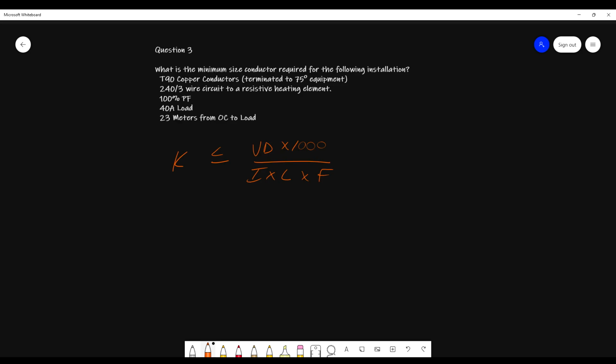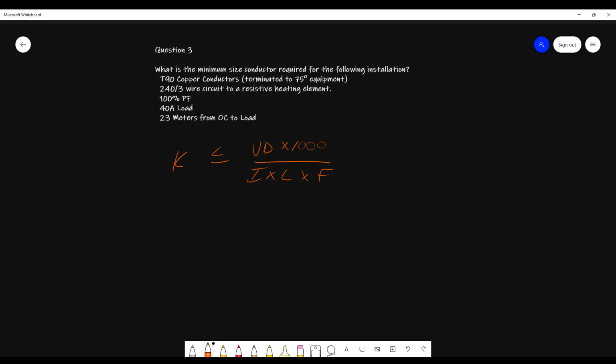Now, we're allowed a 3% maximum voltage drop in a branch circuit. I'm not specifying the maximum voltage drop as 1% or 2%, like I did in a previous question, I think question 1. Here, if you're not told the maximum voltage drop on the circuit, you're allowed 3%, according to 8-102.